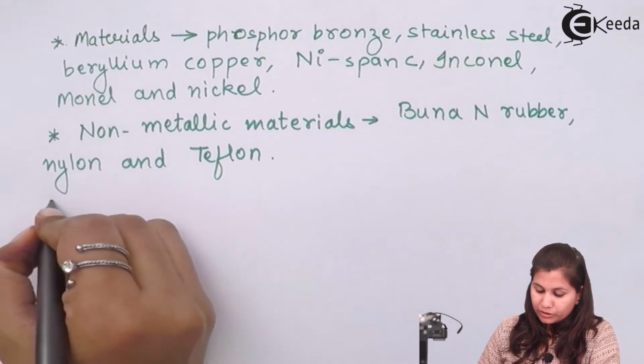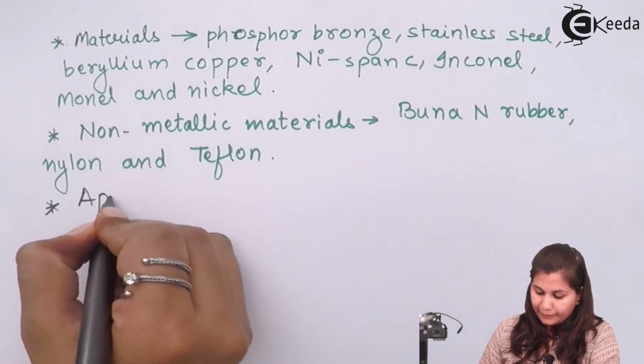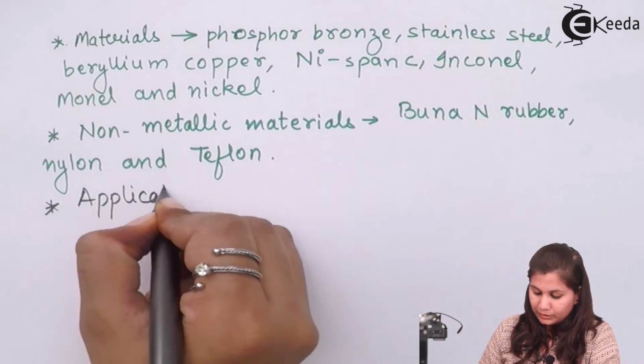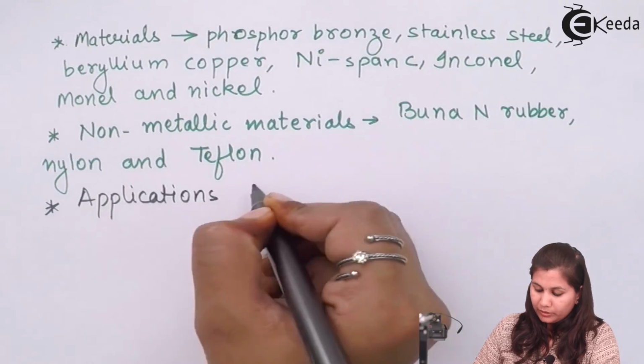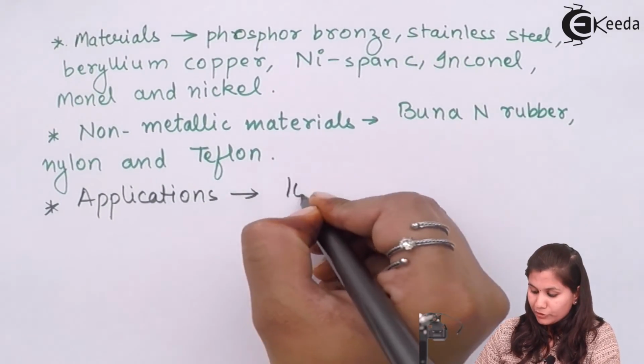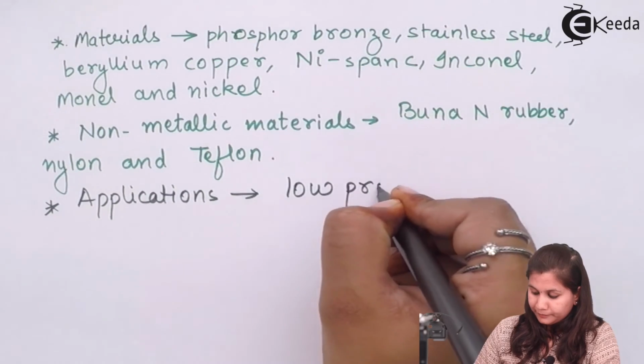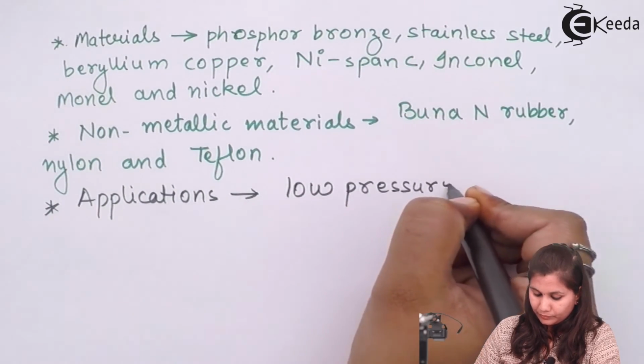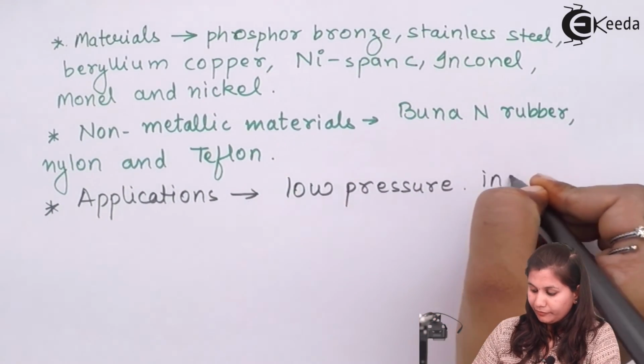Now if we talk about the applications of diaphragms, they are used for the measurement of pressure. Generally low pressures are measured, including vacuum.